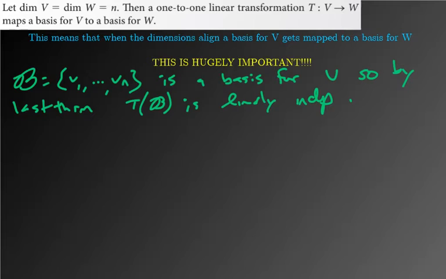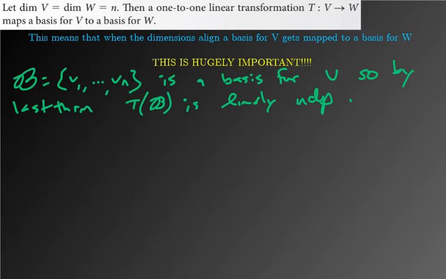And now we just need to show that T of B spans W. That would do it, because then we would have a linearly independent set that spans the space W, and so T of B would be a basis for the space.